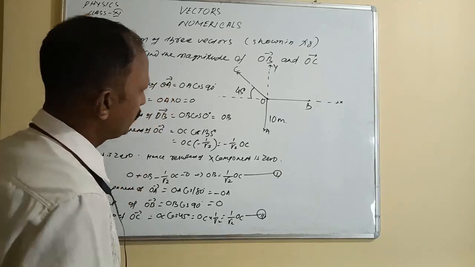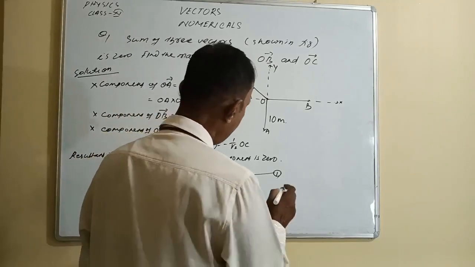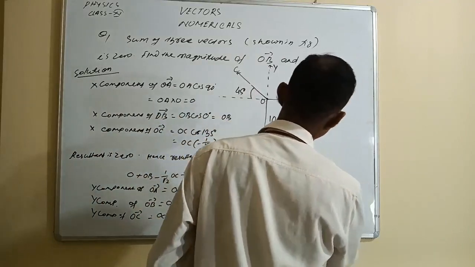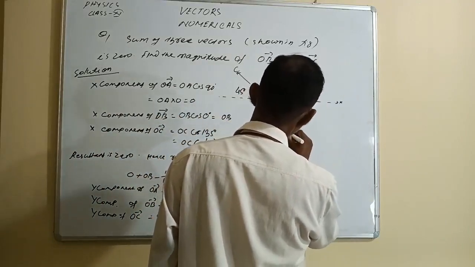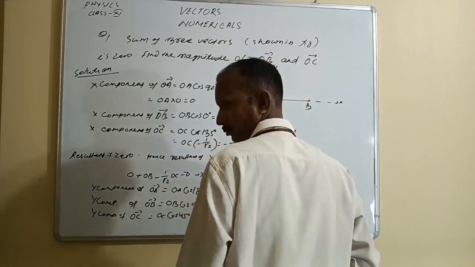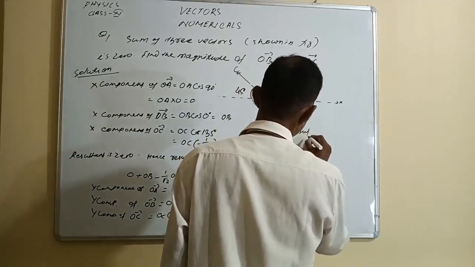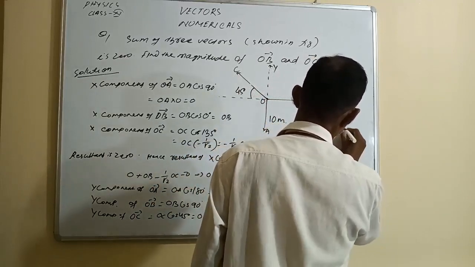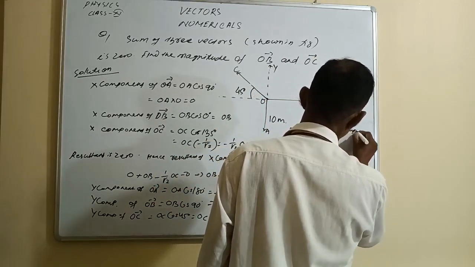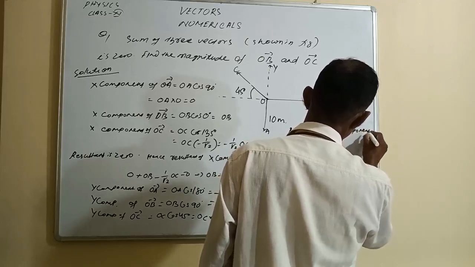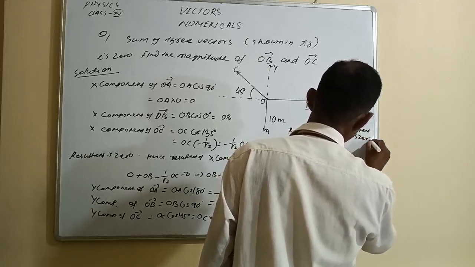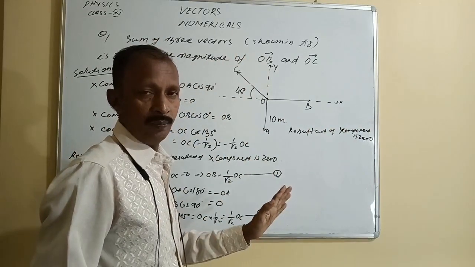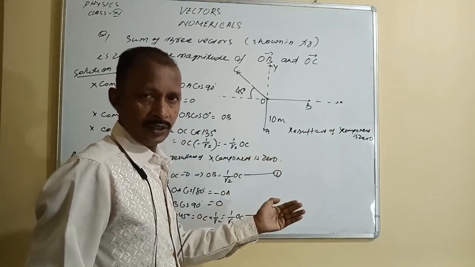So, now I am going to add all these three. The resultant of the y component is 0, because the sum of three vectors is 0. If I take the x component, its result will be 0.